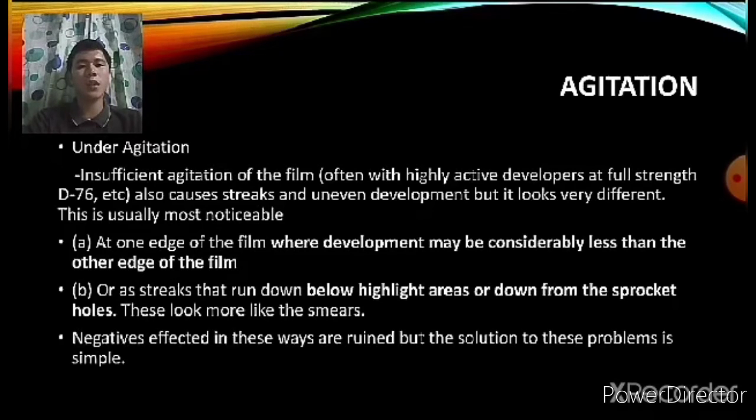This is usually most noticeable at one edge of the film, where development may be considerably less than the other edge of the film, or as streaks that run down below highlight areas or down from the sprocket holes. These look more like smears. Negatives affected in these ways are ruined, but the solution to this problem is simple.